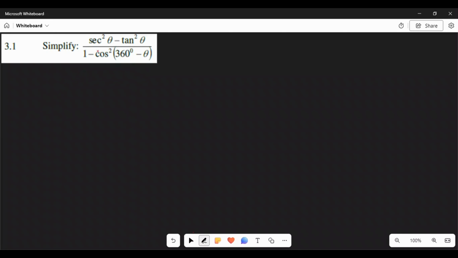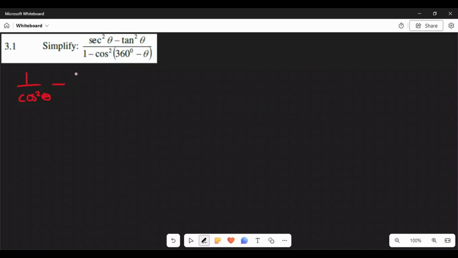First of all, we have to change the identities and also the inverses. Let's start with the numerator. We know that 1 over cos squared is the same as sec squared, so I use the inverses to change that. Then minus tan squared.